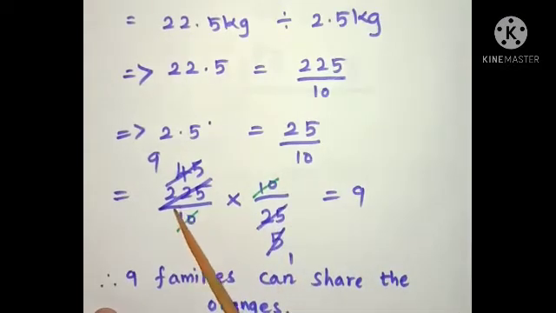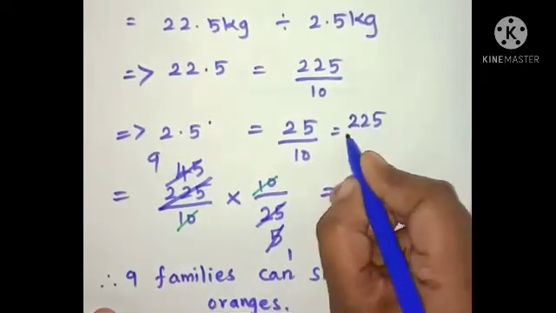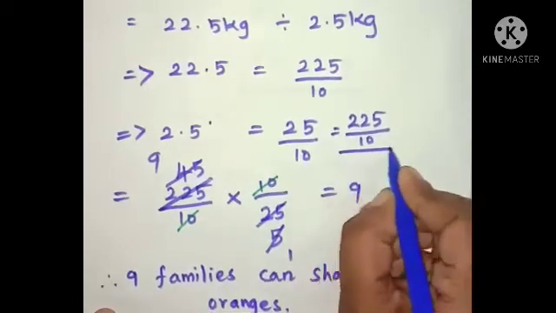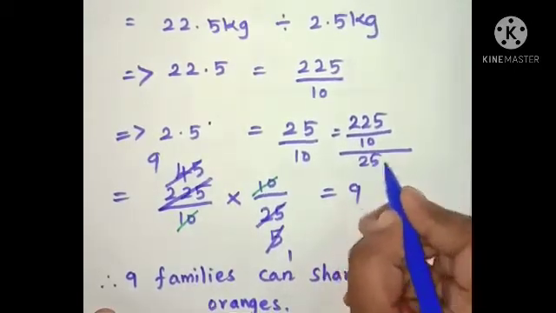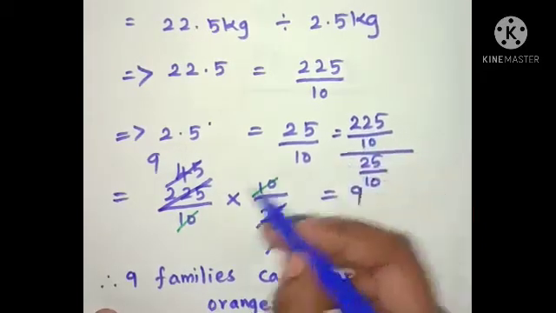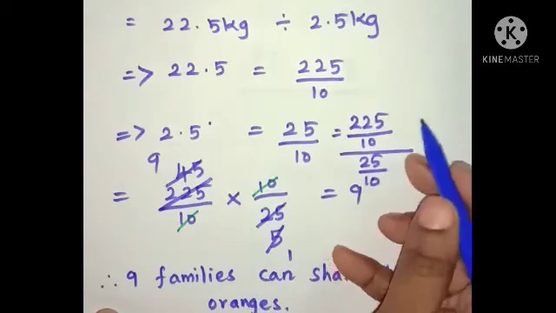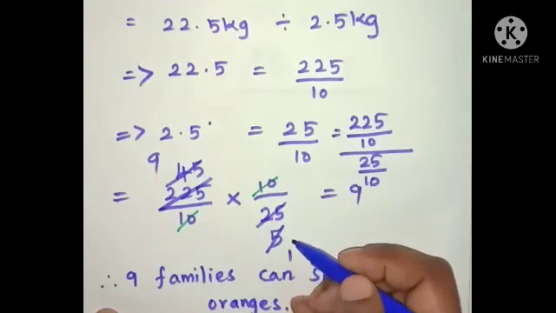So it becomes 225 by 10, the whole divided by 25 by 10, and this becomes 10 by 25.